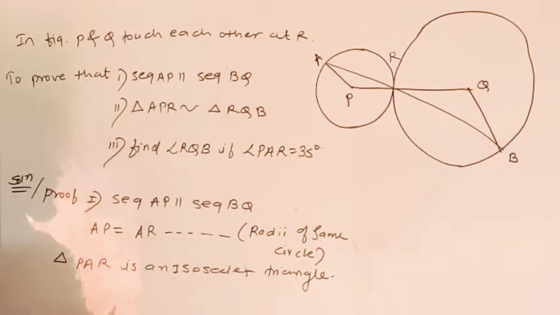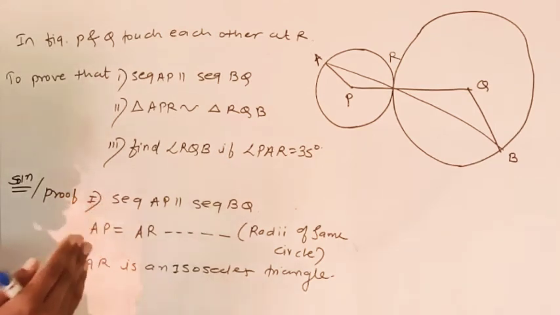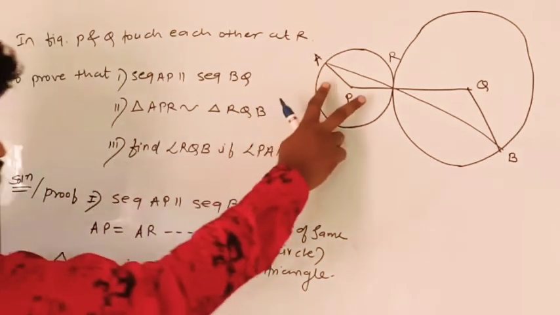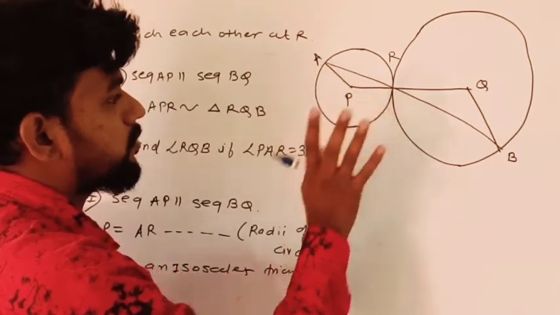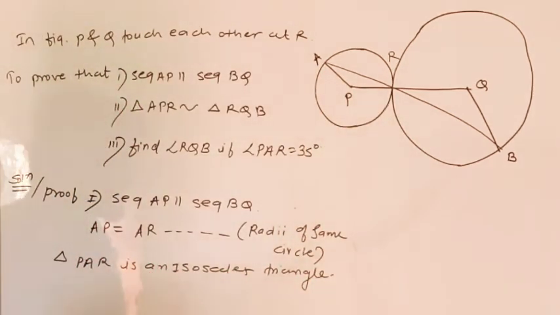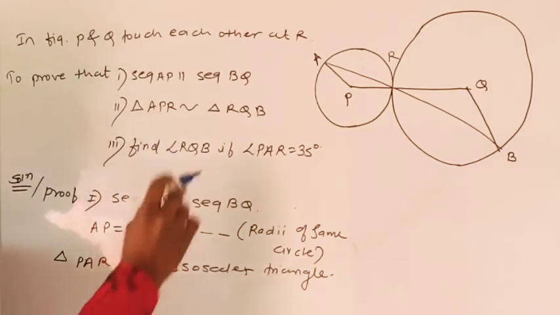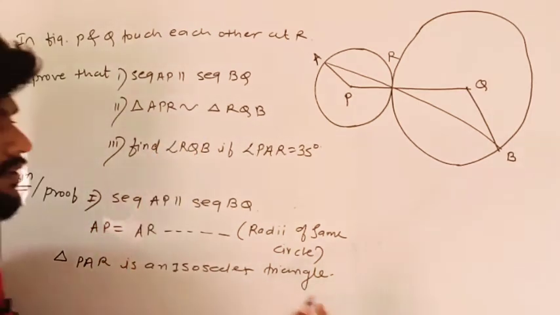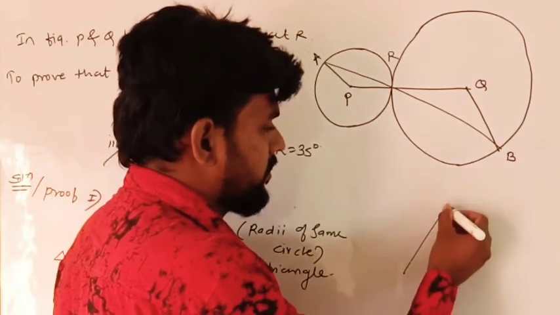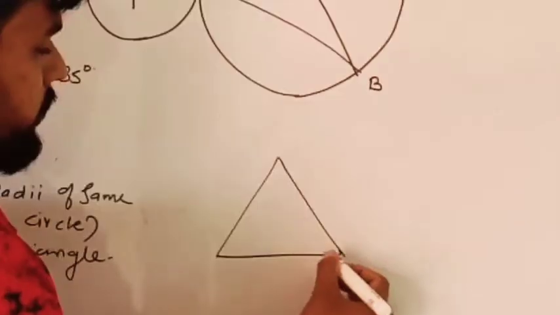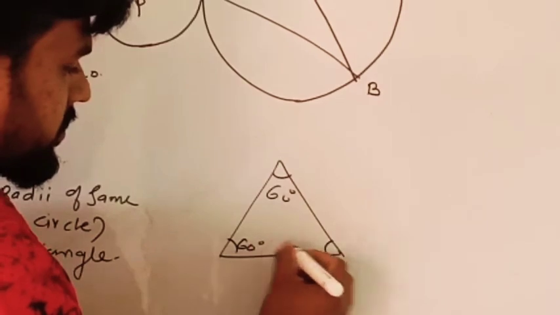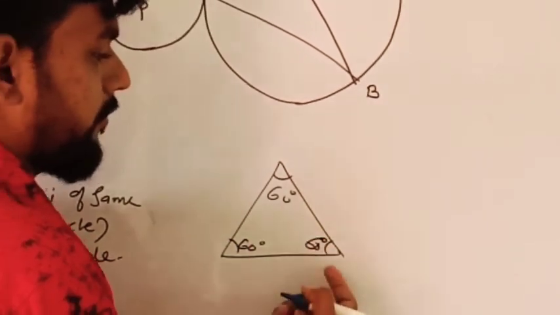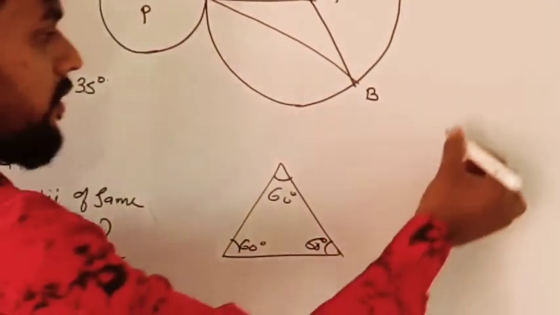And in an isosceles triangle, if two sides are the same, then definitely angle A is equal to angle R. Why? Because of the isosceles triangle. We have studied in triangles that if all angles are 60 degrees, we can say this is an equilateral triangle.